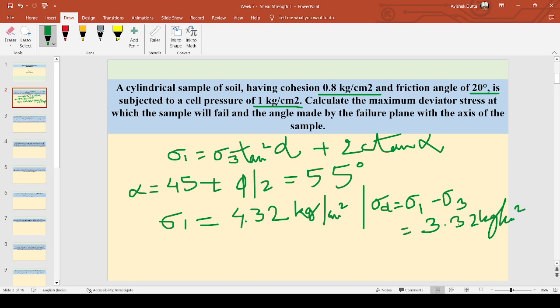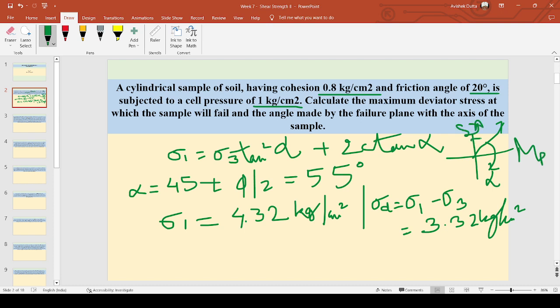In the next case, we are asked to find the angle made by the failure plane with the sample axis. If this is the failure plane, the angle is alpha. This is the major principal plane, and this is the sample axis.